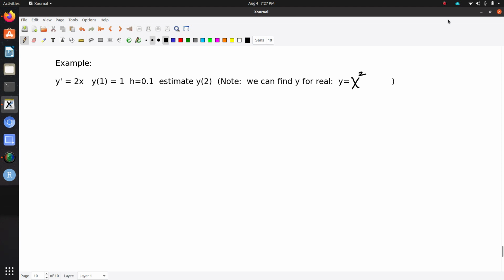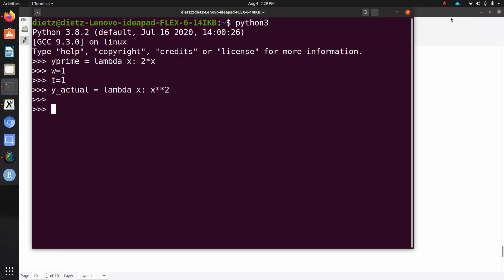We're going to find out what the derivative is at the starting point, and we're going to step out h of 0.1 and see where it takes us. And then we're going to keep doing that. Of course, we pick a question that we already know the answer to, because when we do that, we can do an exact calculation of the error.